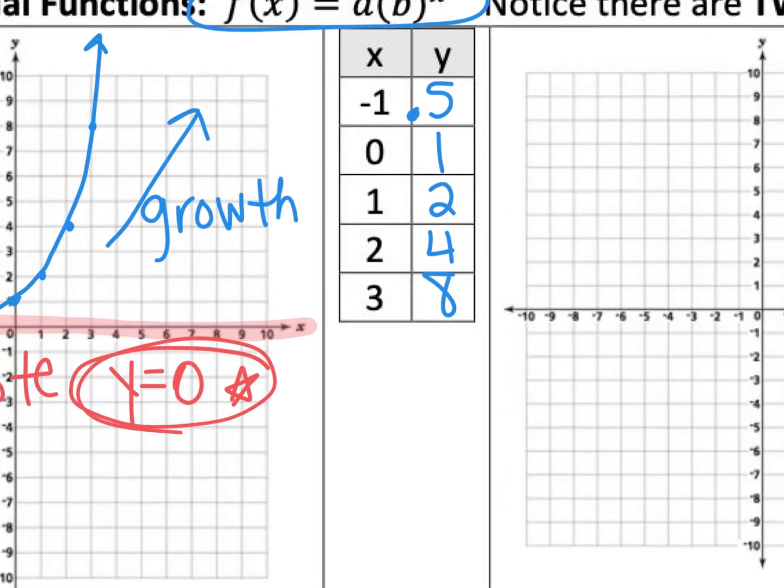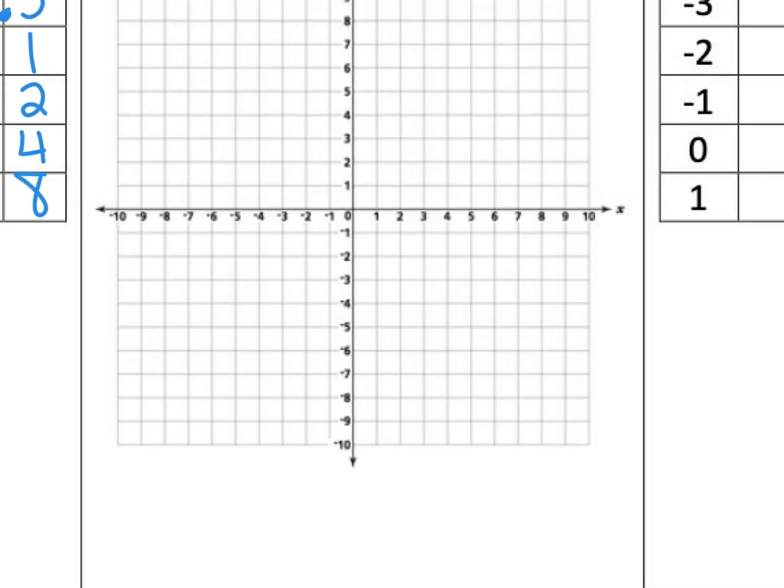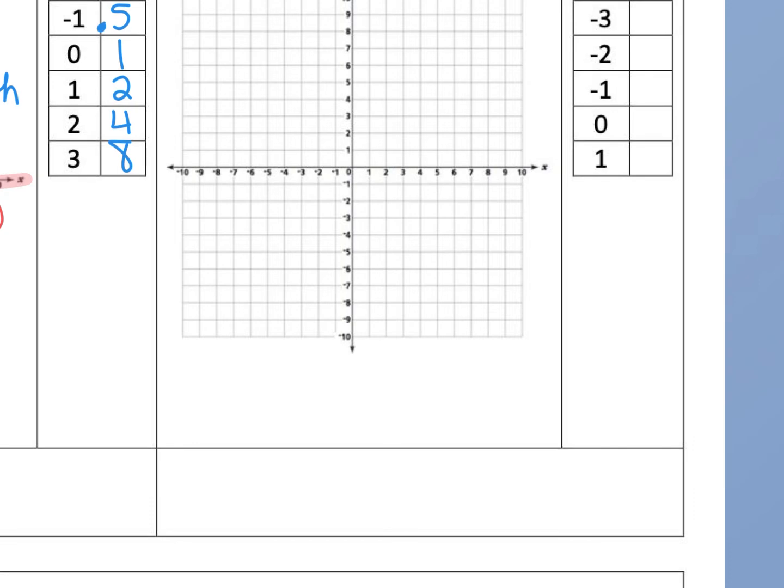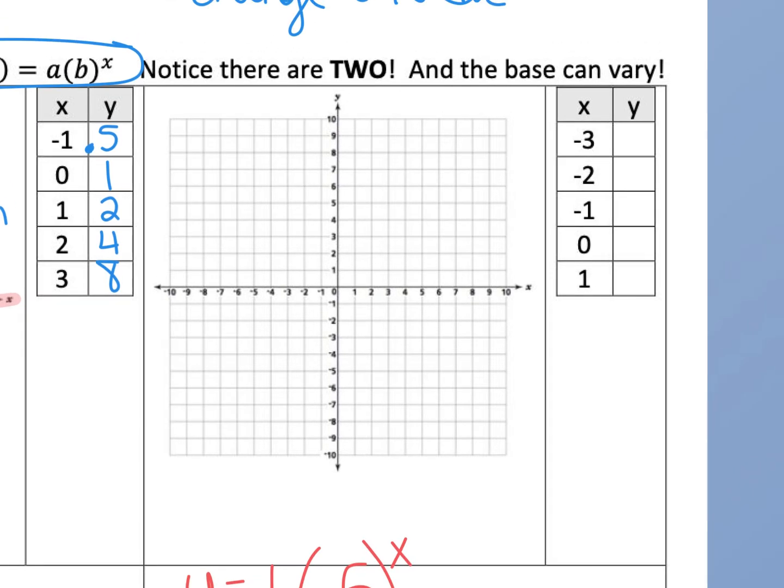okay? We're going to look at one more over here. And we're going to say y equals 1 times 0.5 to the x power. Okay, so let's see what that looks like. Right, and when we looked at that table, the table is actually kind of backwards of what we had before.